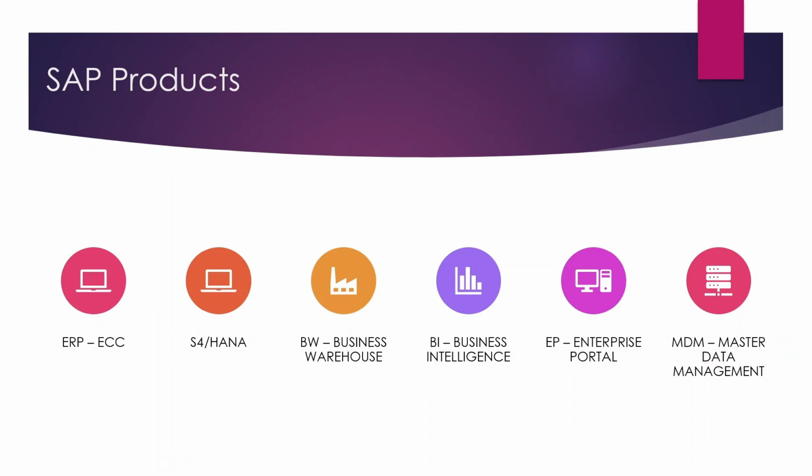Okay, so SAP is a company who creates softwares, and SAP has different kinds of softwares. Businesses choose those softwares based on their requirements. In some landscapes you will see that they have ECC, BI, BW and EP. In some landscapes you will see S4 HANA and maybe MDM, right?